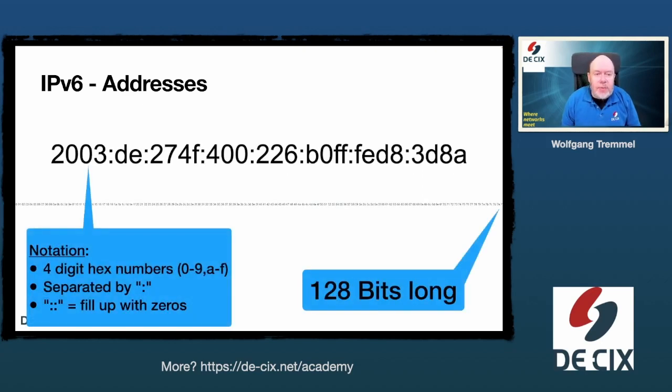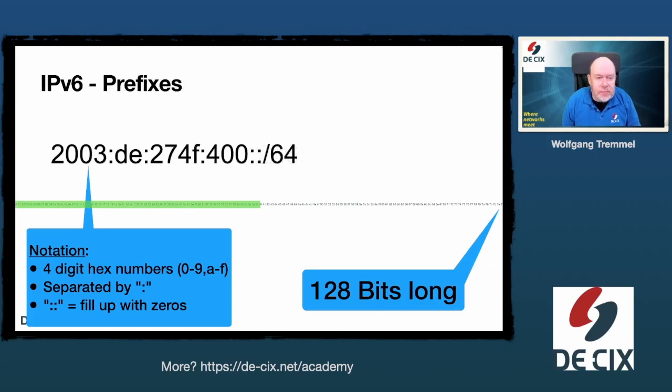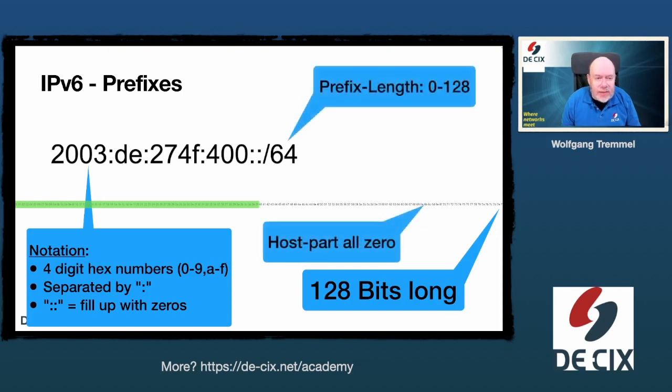Each of these addresses has a so-called network part and a host part. The prefix just notes the network part. And in this case, the network part is 64 bits long.